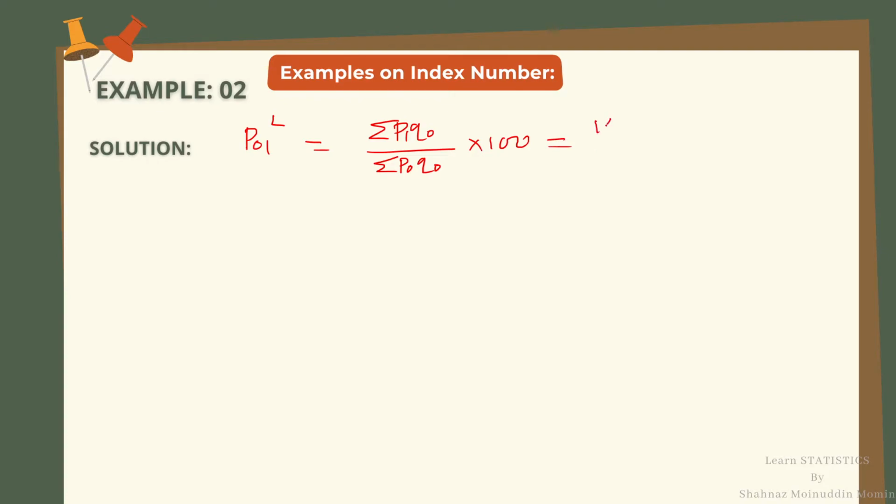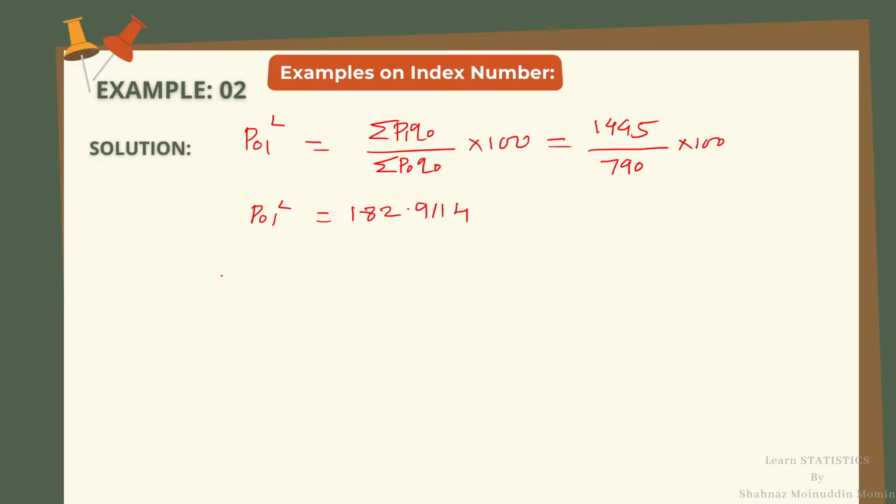By putting the values of summation P1 Q0 and summation P0 Q0, we get P01L is equal to 182.9114.